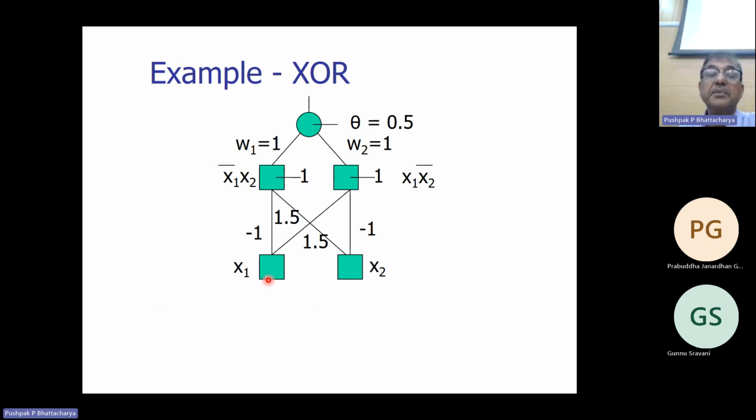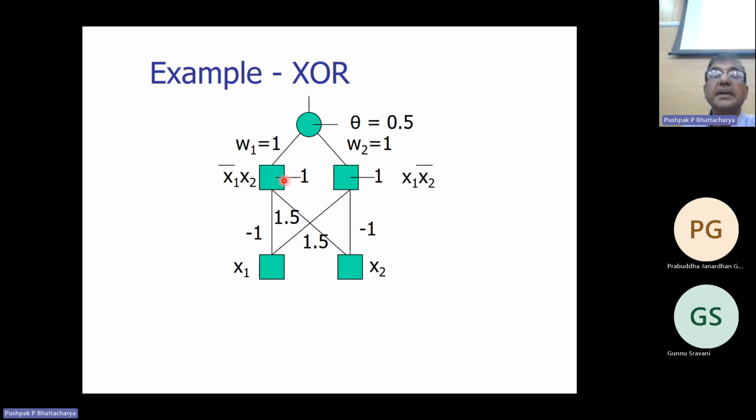So if the inputs are 0, 0, the output has to be 0. If the inputs are different, 0, 1 or 1, 0, the output has to be 1. If the inputs are the same, the output is to be 0. Can this be computed? Yes, it can be.